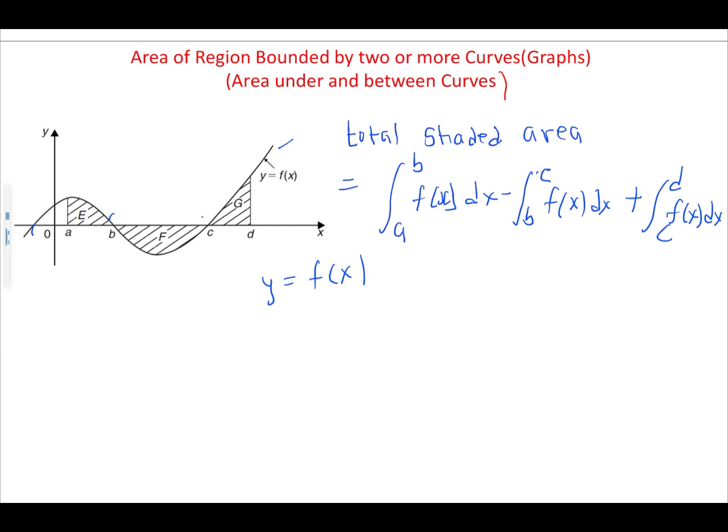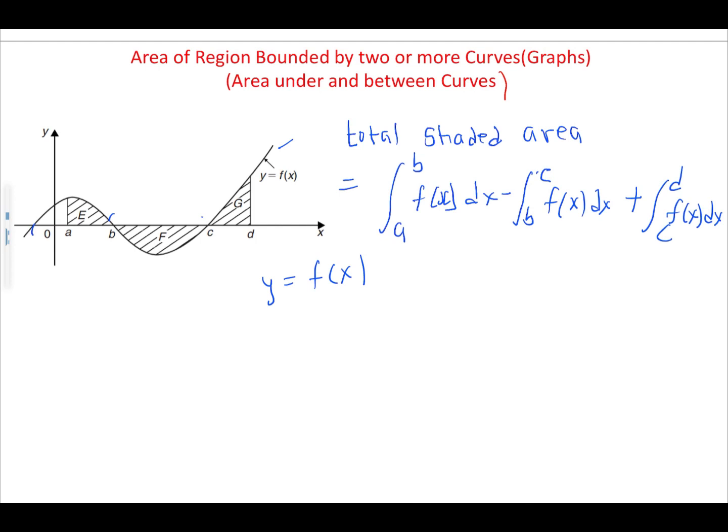In that case, when they ask you to find the total shaded area, it is similar to the definite integral that we did, antiderivative as an area. But because some of the shaded portion is below the x-axis and some is above, we are going to consider a different strategy in solving such problems.